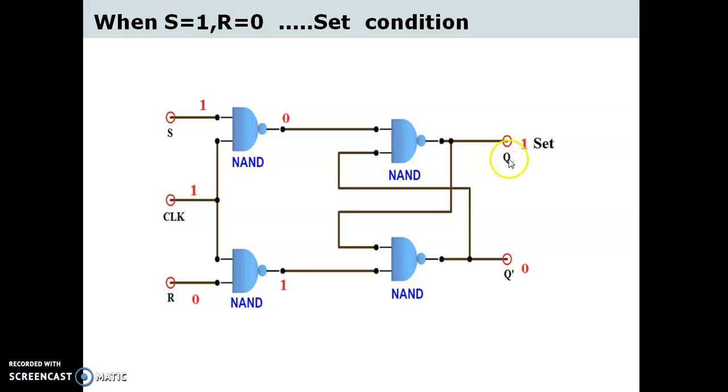That means we are getting the output Q as high, whereas Q bar as low. That means when S equal to 1, the main output we are getting is 1. That's why we can consider this condition as a set condition.